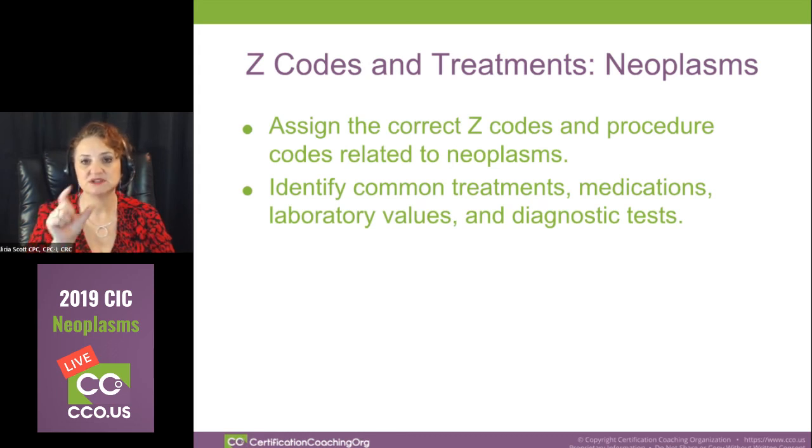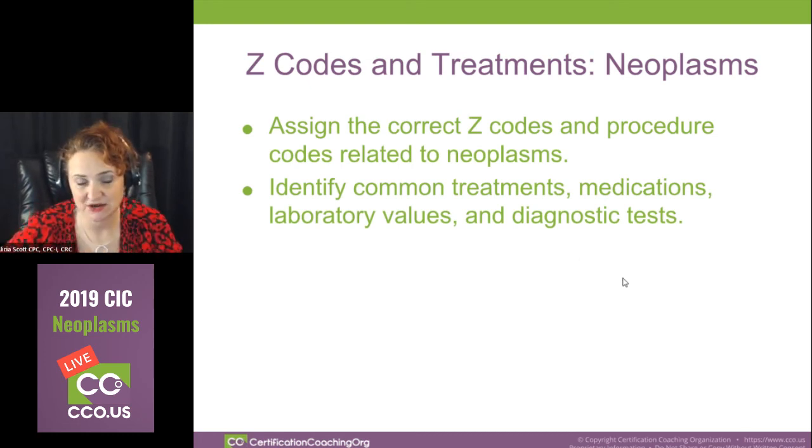These are Z codes that tell the story. Why is the patient being seen today? They'll be associated with treatments, medications, sometimes lab values or diagnostic tests that are being done.